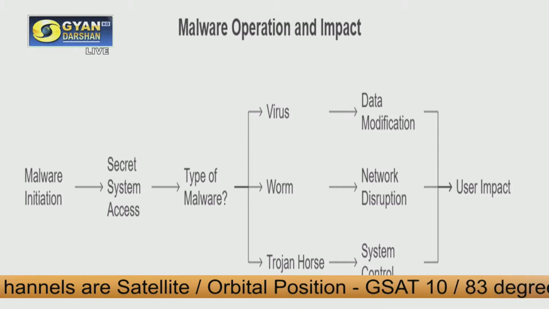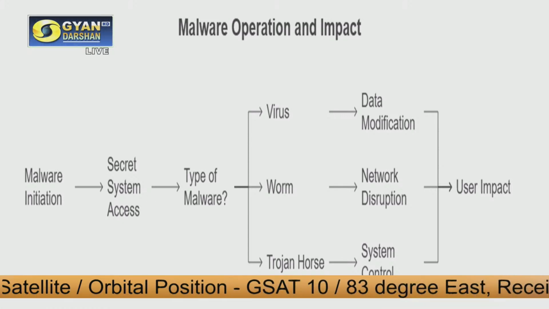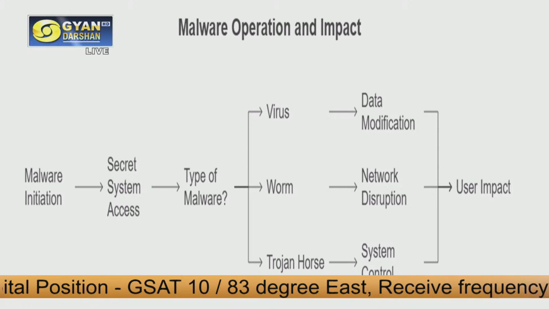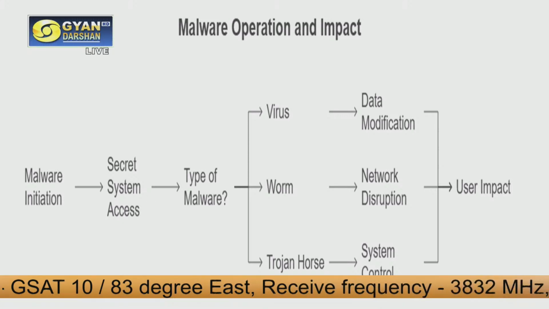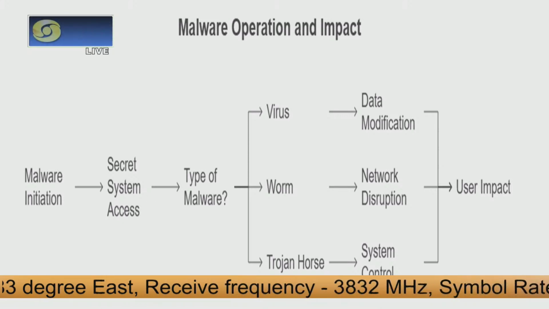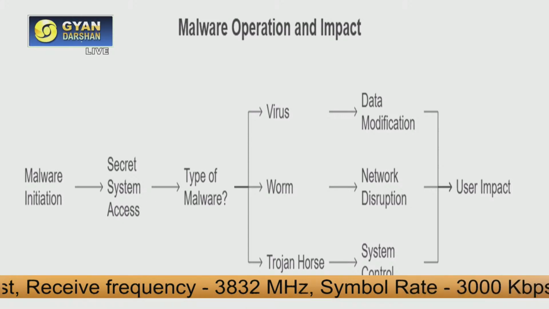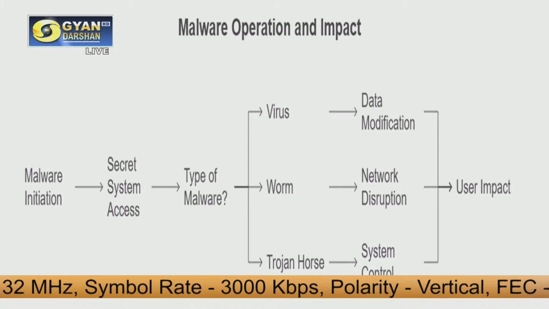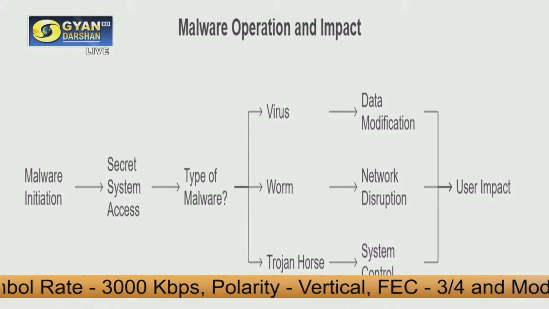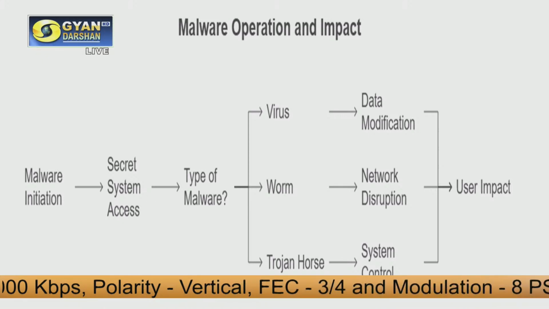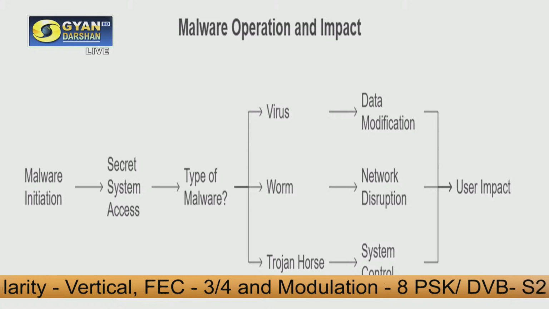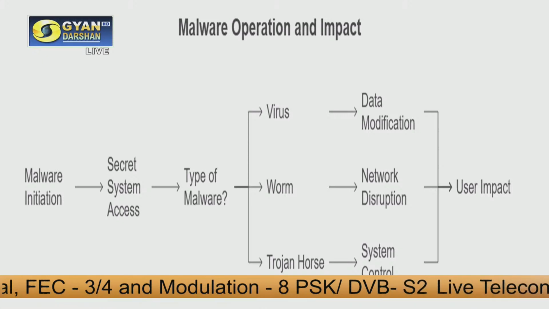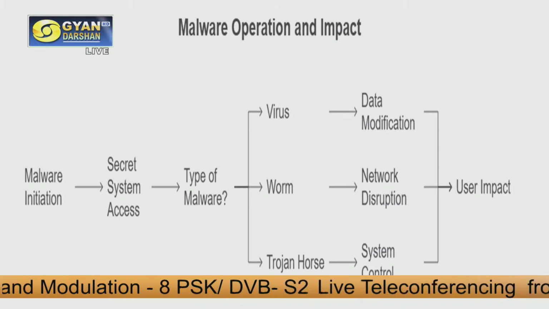We are having viruses, which lead to data modification, worms, which lead to network disruption, and Trojan horses are very dangerous because they control the entire system. The control of your system is out of your hands, and it comes into the hands of some other person, an intruder, and as a result the person may gather your data, information, or do whatever the person wants.